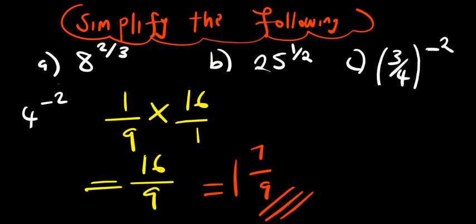So on fractional indices, these are just some of the concepts that you are supposed to understand. Let's solve some more to familiarize ourselves with these concepts, because most of the time in the exam they like fractional indices.